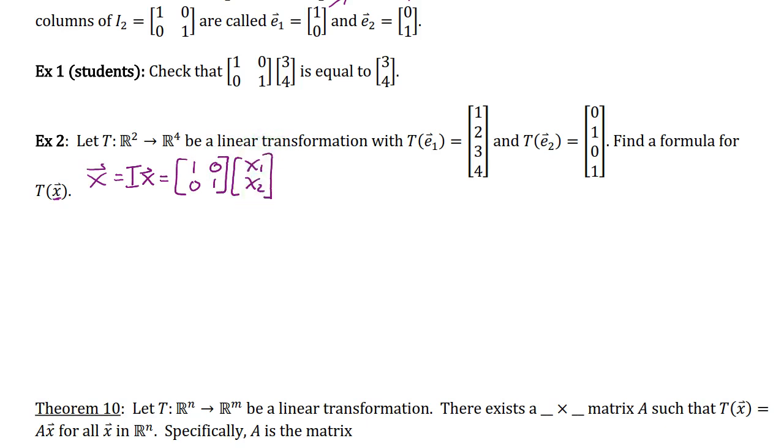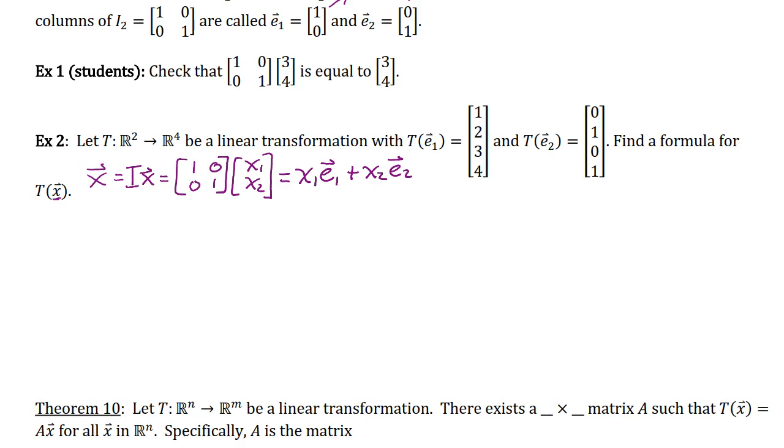You could think of that as what happens when you multiply this out. You're going to do x1 times this first column, which is also known as E1. So that'll give you x1 times that E1 vector here. And then that result plus x2 times the E2 vector. That's just the definition of how to multiply a matrix by a vector. So this is another way of writing the vector x.